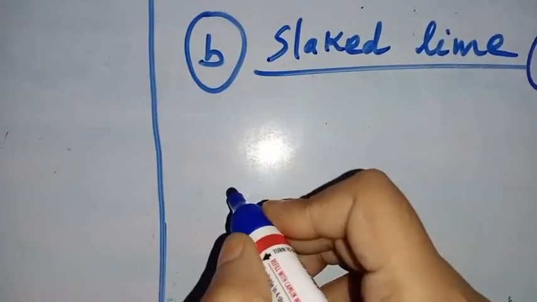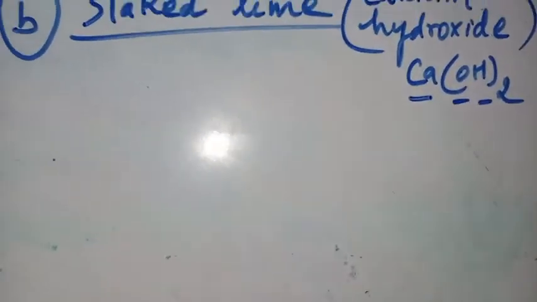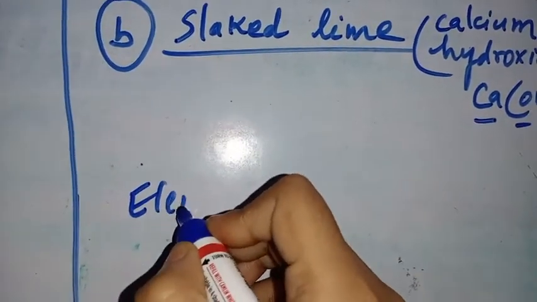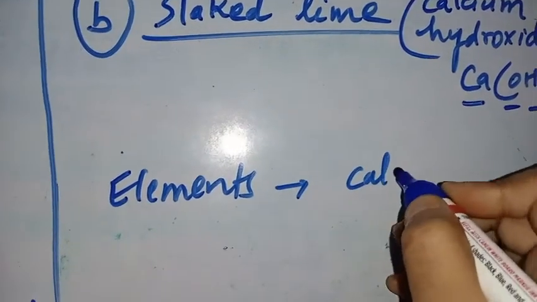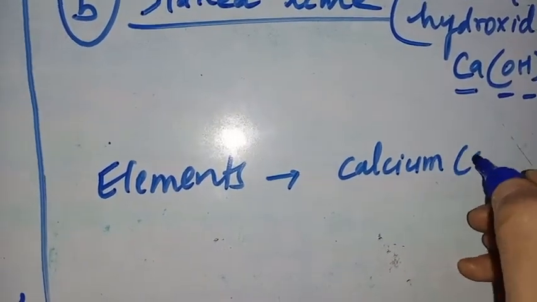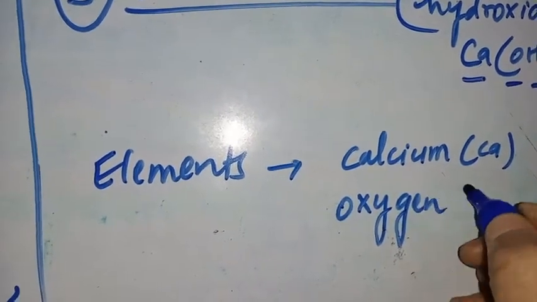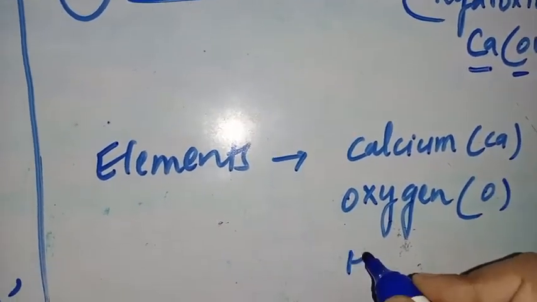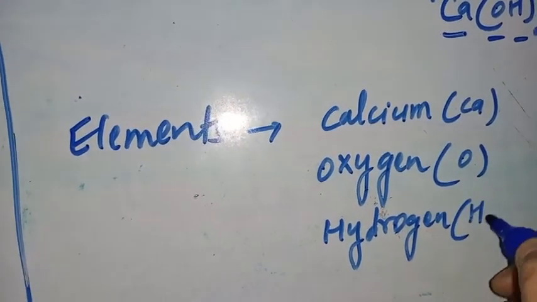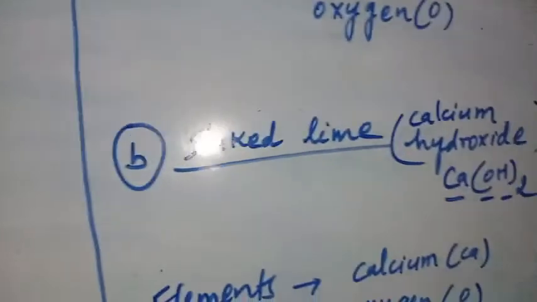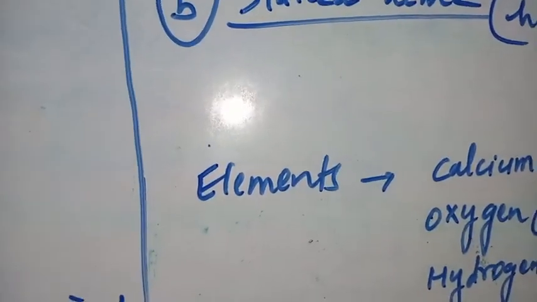So calcium, oxygen and hydrogen are the elements present. So elements are calcium, oxygen and hydrogen. Like that you can write for different materials also.